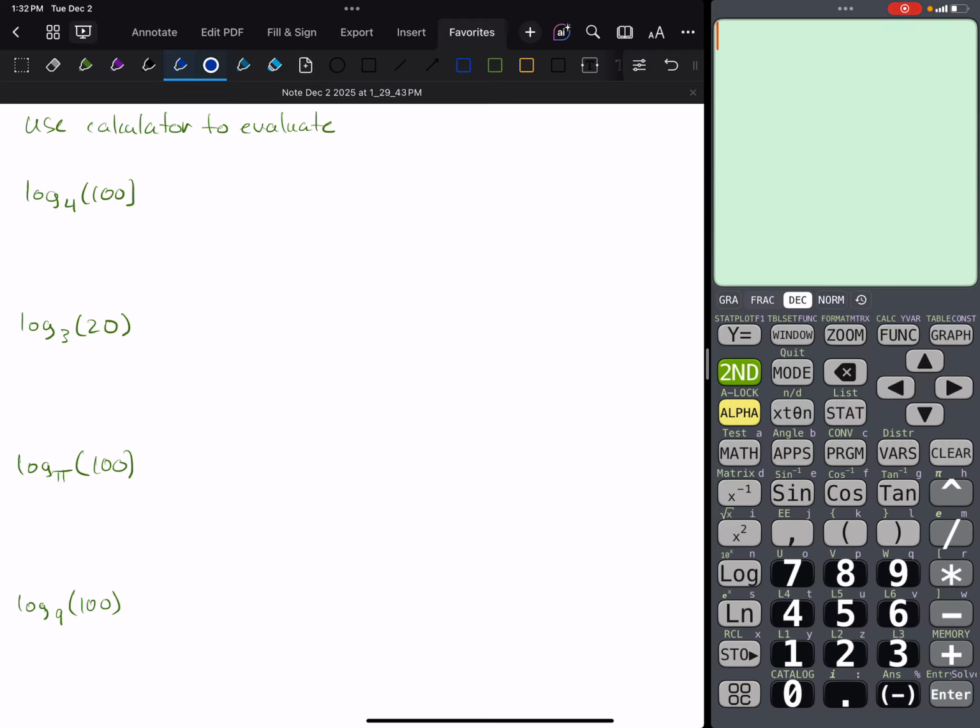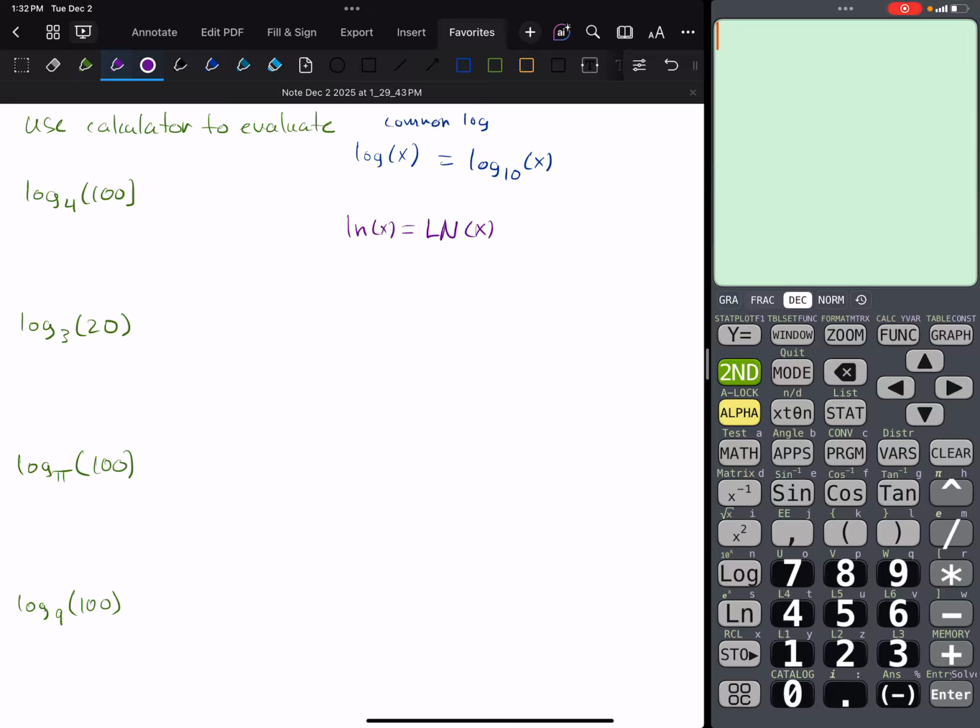We have a log of x, which is our common log, and that's the same thing as log base 10 of x. The other button we have on a typical calculator is the natural log. It's ln of x.